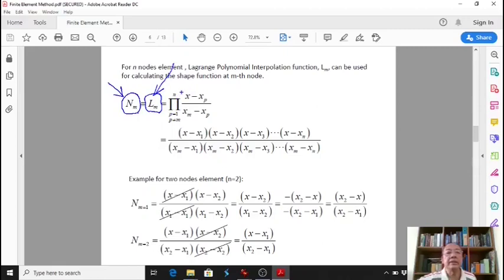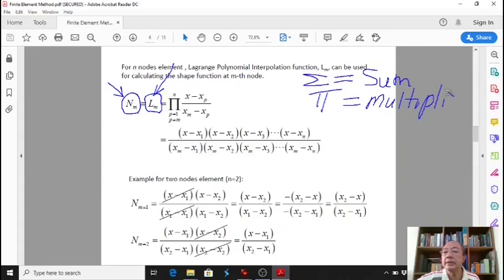The formula has a pi here. If you remember, sigma refers to summation, a sum, but pi refers to multiplication. So pi is the product here.